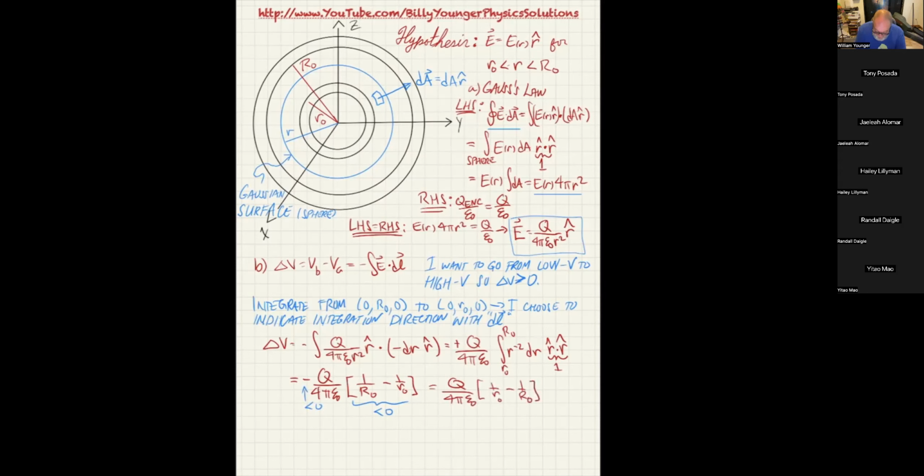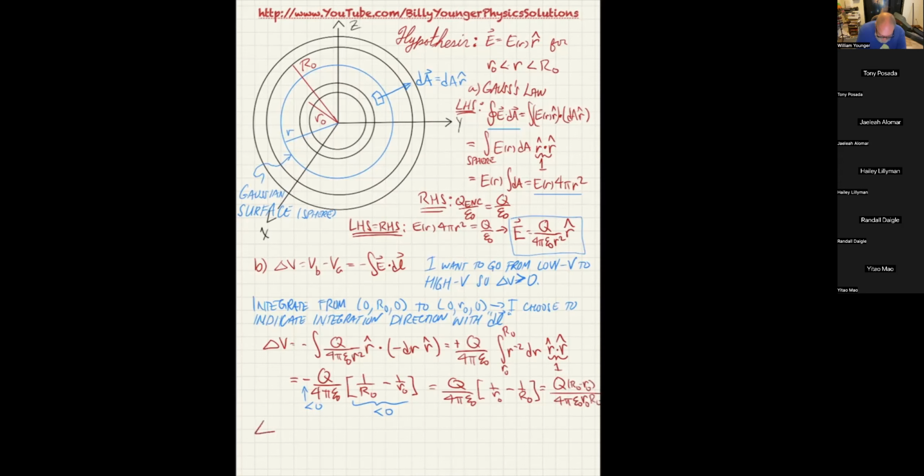I'll get a common denominator, and that'll make delta V be Q times (R0 minus r0) over 4 pi epsilon naught r0 R0.